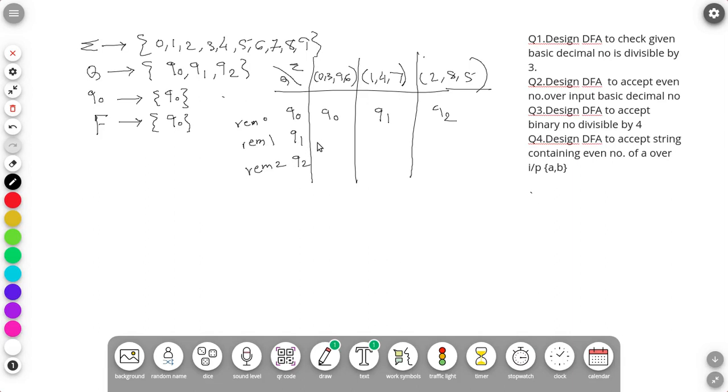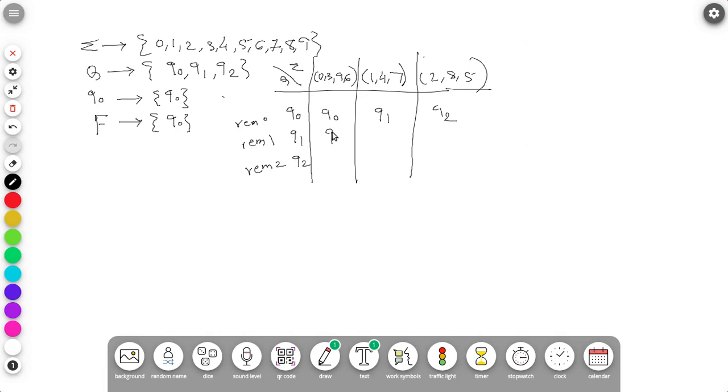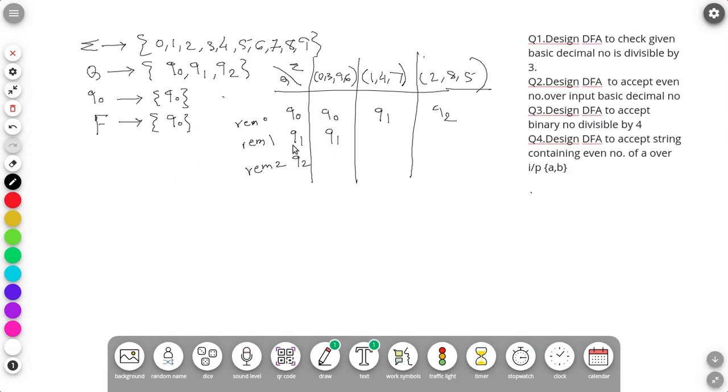Then Q1 with 0, it gives 10, or Q1 with 3, it gives 13. Divided by 3, it generates remainder 1, so we have the state Q1. Then 1 and 1, we have remainder 2, that is Q2. Then 1 and 2, 12 divided by 3 gives remainder 0, so state Q0.